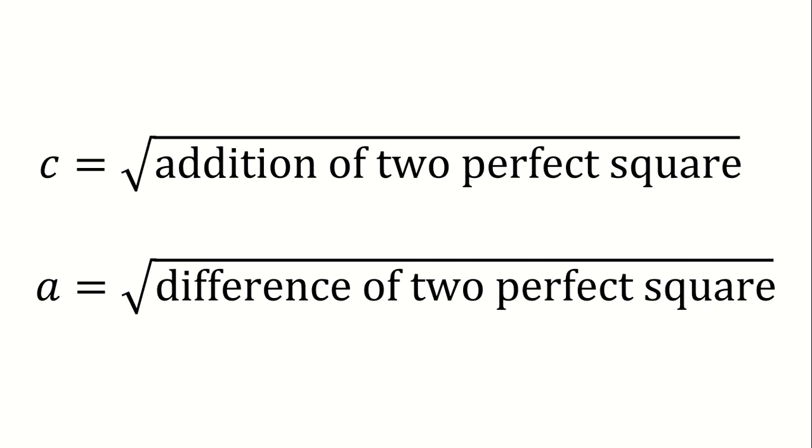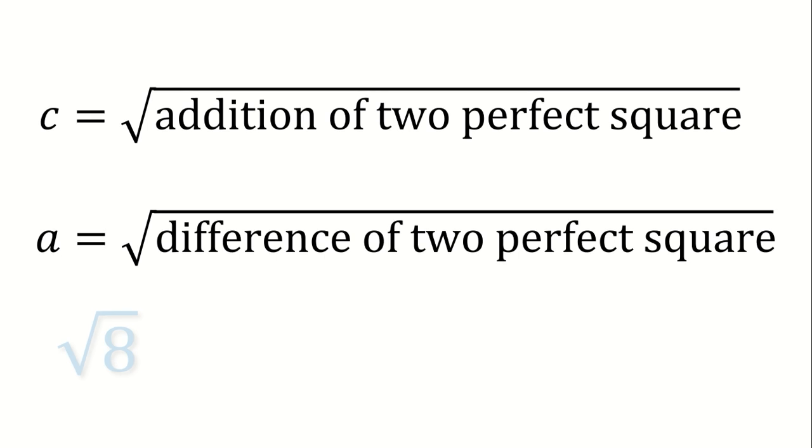So here we can get C and A. And if we write C as the addition of two perfect squares inside of a square root sign, we can simply write the square root of 8 as C.